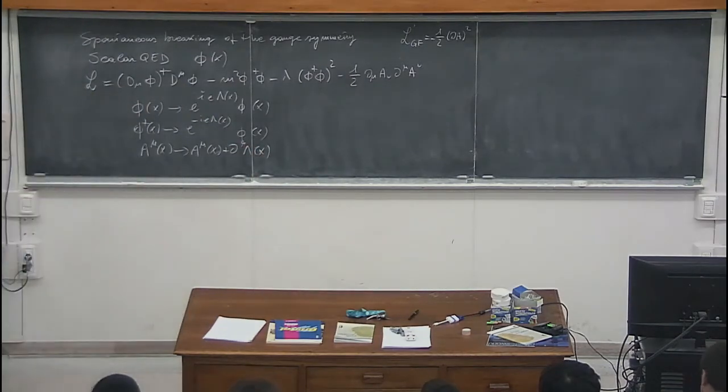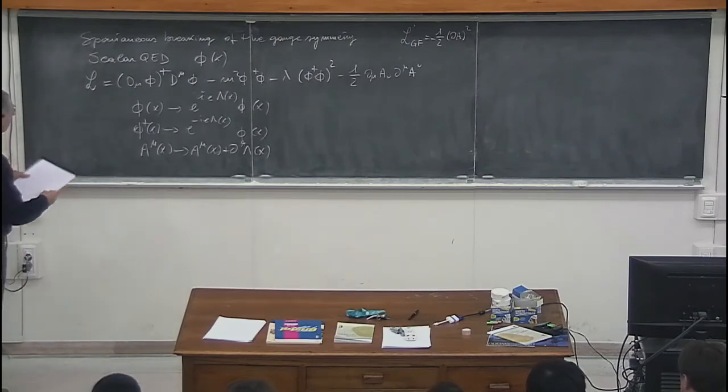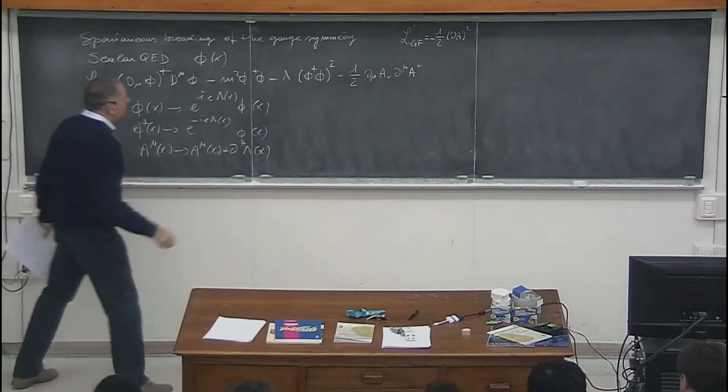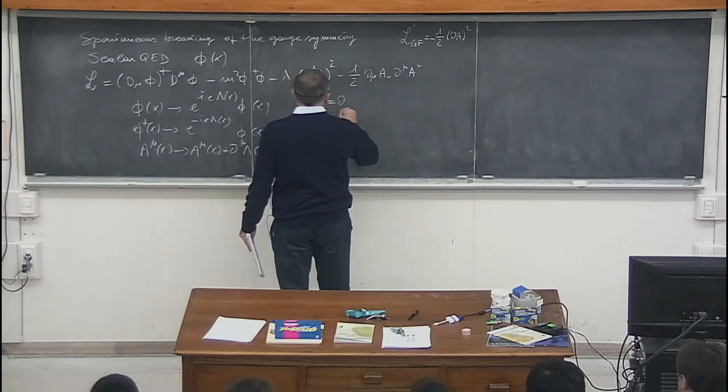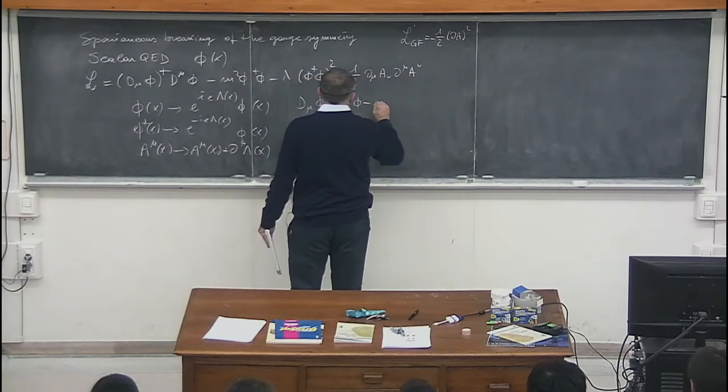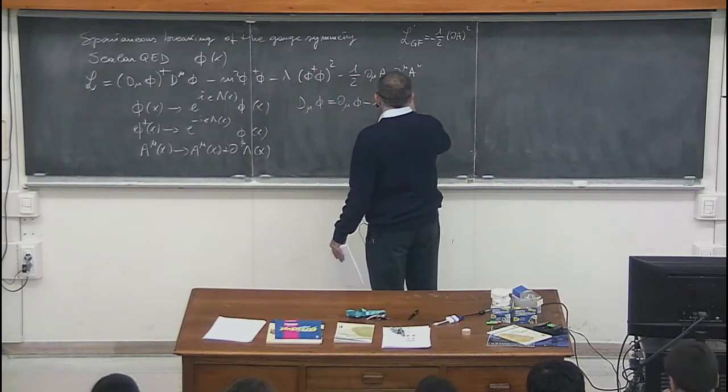These are the usual gauge transformations you are familiar with since classical physics, actually. Provided the covariant derivative here is defined like this: D mu phi equals the ordinary derivative minus i e A mu phi.